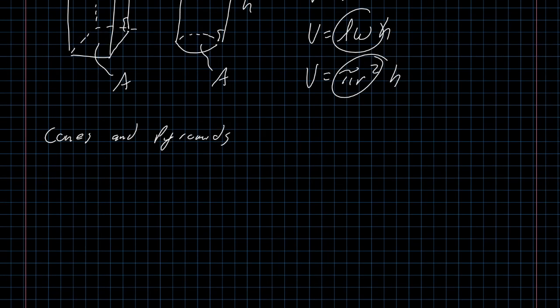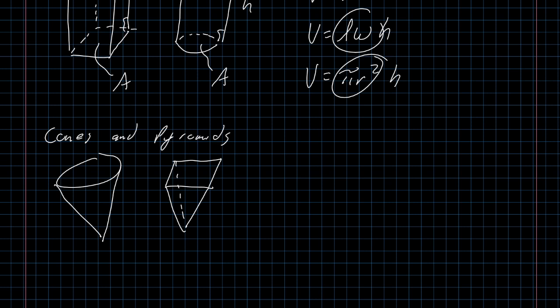Similarly with cones and pyramids. A cone or a pyramid is either a straight-sided or curved-sided base, where instead of having straight sides, it meets at a point. And if you measure the perpendicular height and the area, the volume of one of these is 1/3 times the area of the base times the height.